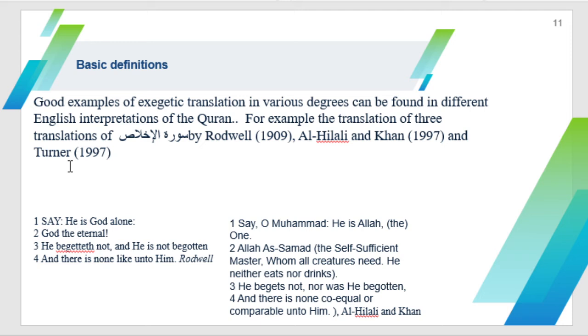The first one is written by Rodwell. The verses are written here, as you know. قل هو الله أحد, the first verse. الله الصمد, the second. لم يلد ولم يولد ولم يكن له كفوا أحد is the last.